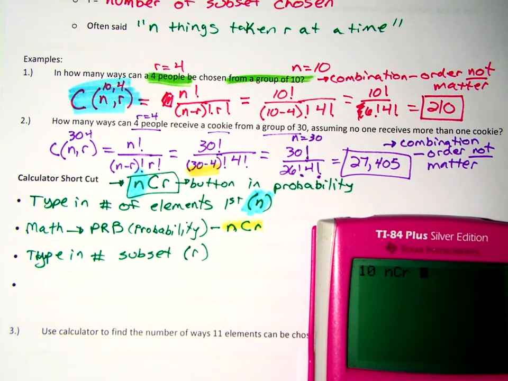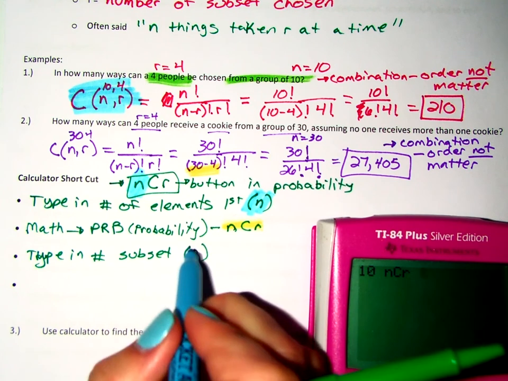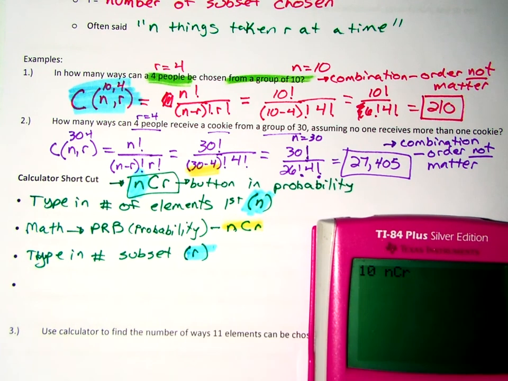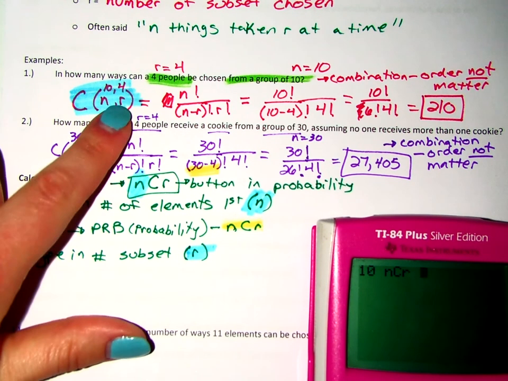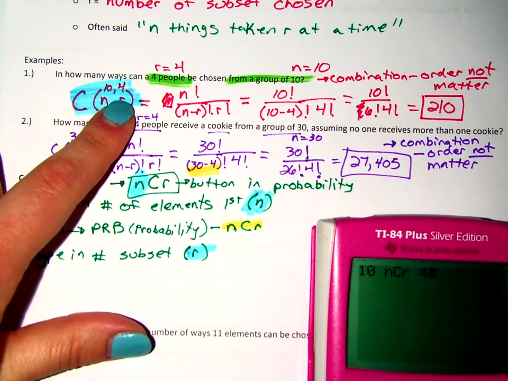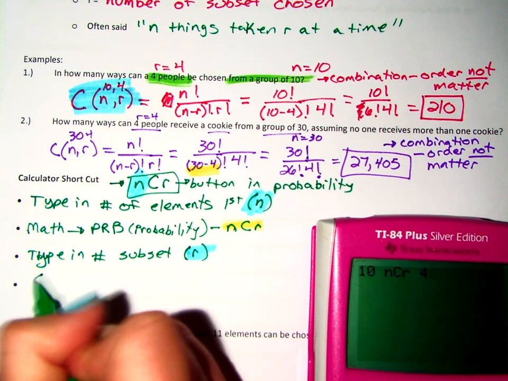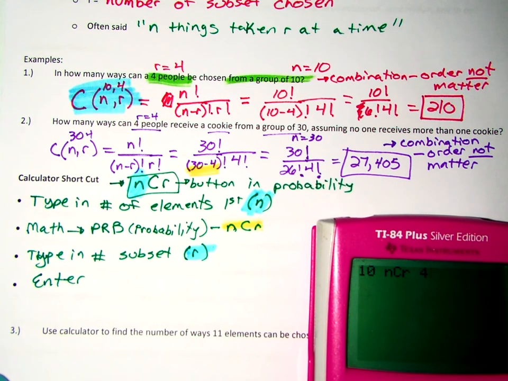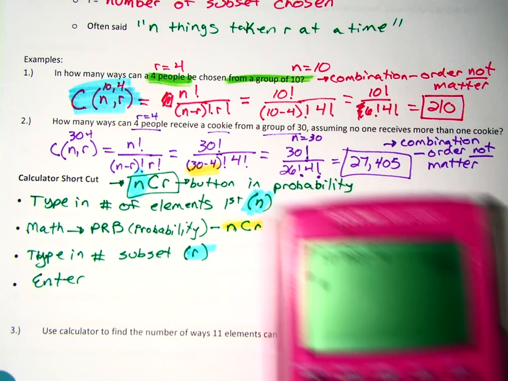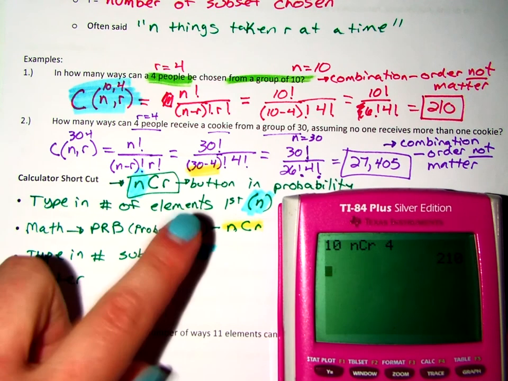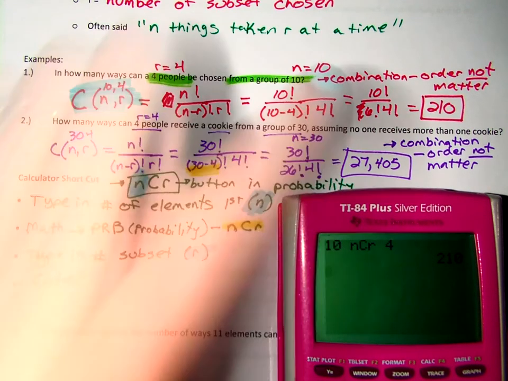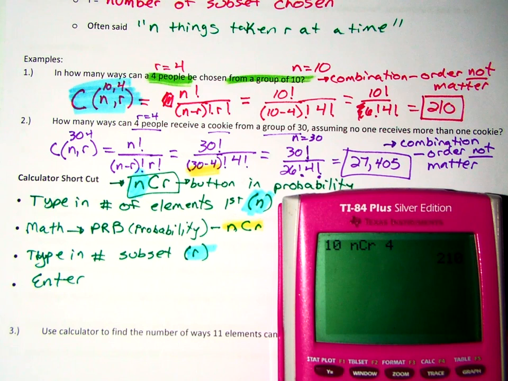And then you have to go ahead and type in the r amount, which in this case, my r amount is 4. So we're going to type in 4. And then literally just press enter. And if you notice, we get 210 up here, just like we would have typing in all the factorials. So this is a shortcut that's more than okay to use, but you will also need to know that formula at different times throughout the unit. So make sure you know how to do that both ways.